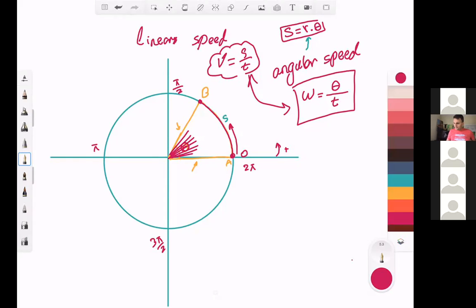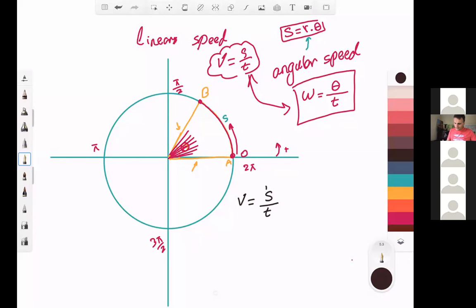So we have two formulas, and we are able to come up with another formula. Let's see. Look at V equals S over T, correct? This comes from the physics, distance divided by time.